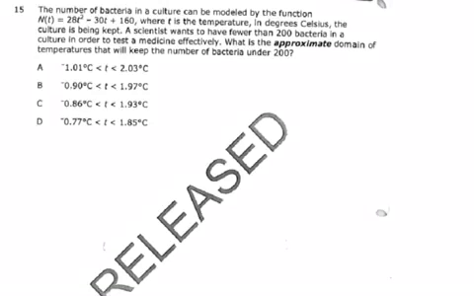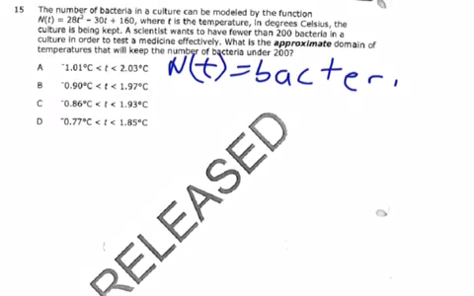All right, number 15, the number of bacteria in a culture can be modeled by the function N of t. So N of t represents the number of bacteria, and it says that t is the temperature in degrees Celsius.